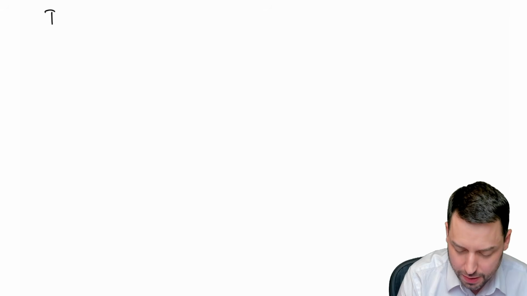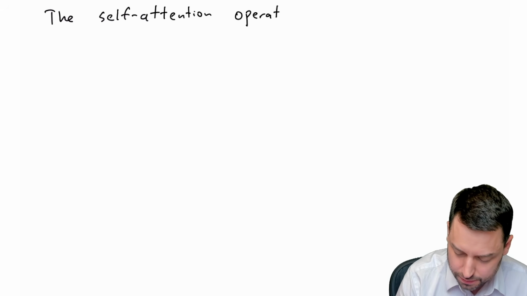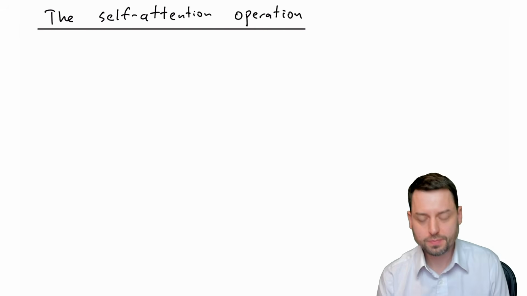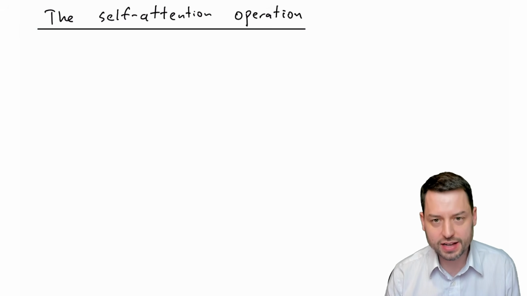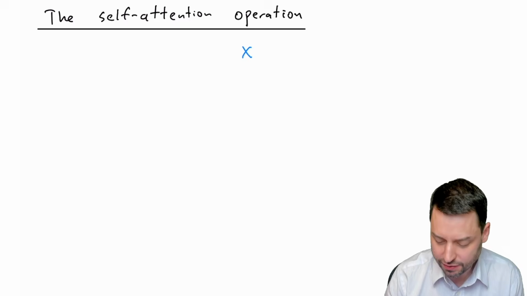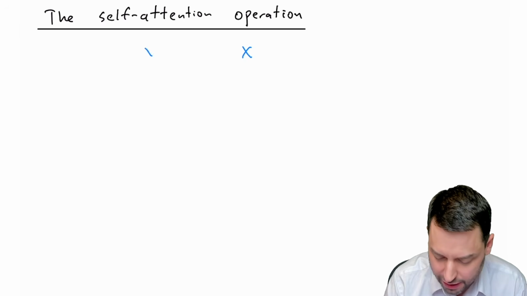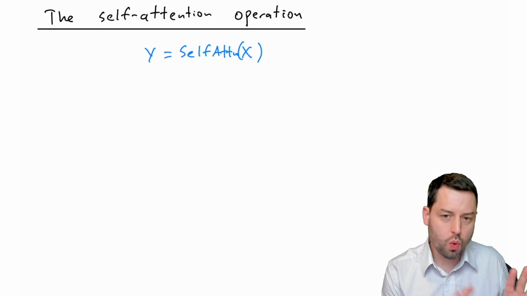So I'm going to define now the self-attention operation. Self-attention is going to be an operation that takes as input our matrix X, which is T by D dimensional, and it's going to output Y. I'm going to write this as Y equals self-attention applied to X. But I'm actually not going to quite write it this way.